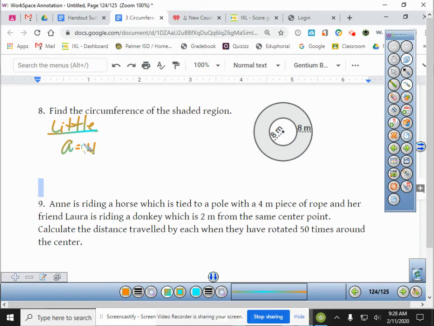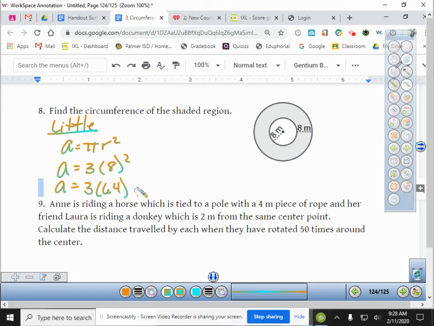Area equals pi r squared. And I got area equals 3 times... What's the radius of the little one? 8. I got 3 times 64 for that one, which is 192. And then I'm going to do the big one. What's the radius of the big circle? 16.